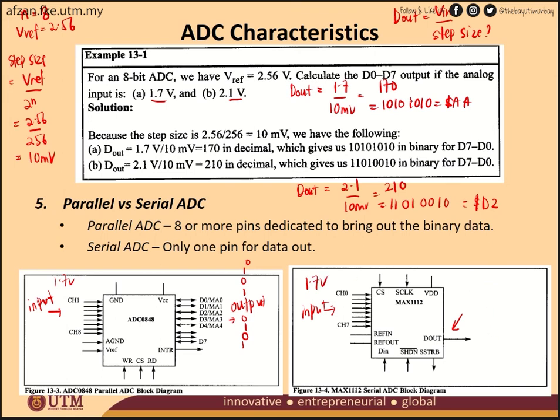This value 1010 will be sent out to this output. How many times? 8 times. First you send 1 followed by 0, and then 1 0 1 0. So the total is 8 cycles, whereas for the parallel ADC, all the output is sent out in one cycle.